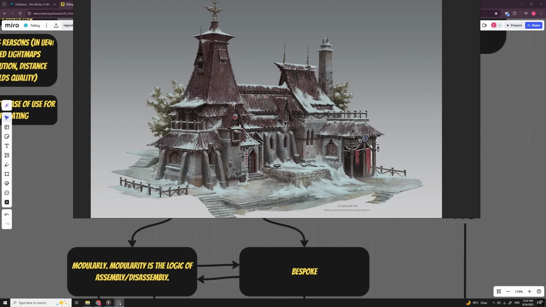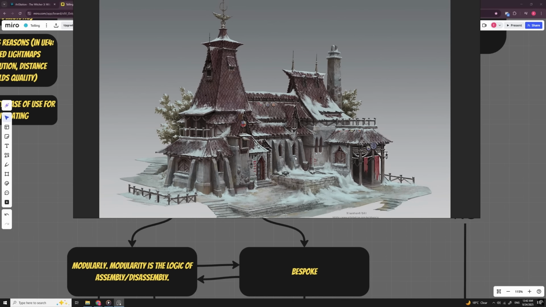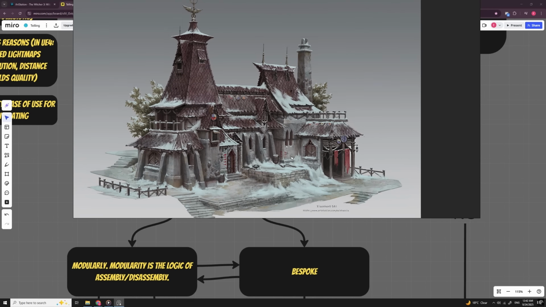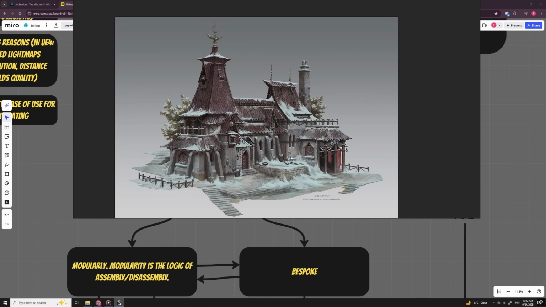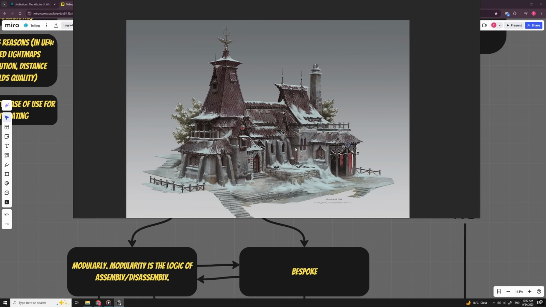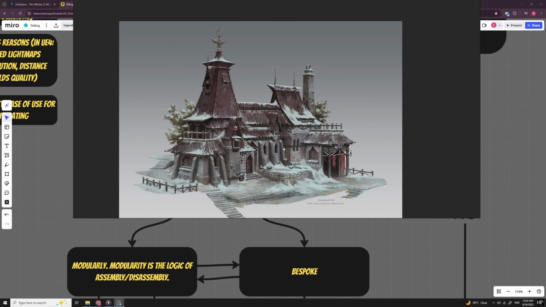Furthermore, if we continue to fantasize about the theme of our game for which we're making this cottage, we can imagine that we need to make not just one such cottage, but an entire town with several houses in a similar architectural style, but with many different elements. In this case, our only option is to try to plan a modular kit. The more cottages in this architectural style in our town, the more beneficial this modular kit will be for us.